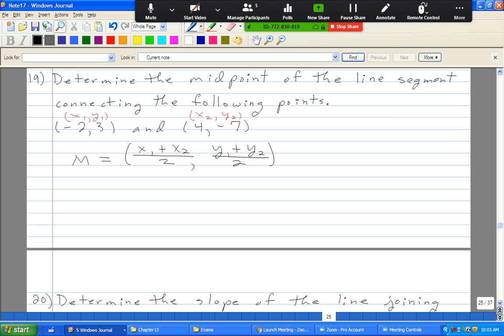And so the midpoint is just negative 2 plus 4 divided by 2, 3 minus 7 divided by 2. 4 minus 2 is 2, divided by 2 is 1.